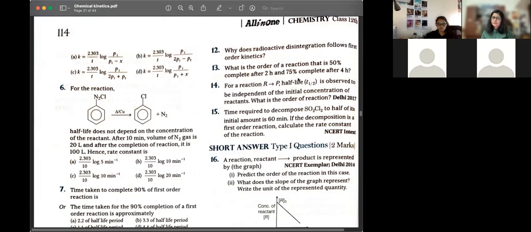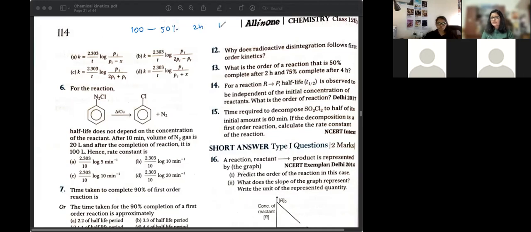What is the order of reaction? 50% is 2 hours. 75%. Ma'am, the percentage is referring to the amount of initial R naught, right? Initial concentration to 50, it's taking 2 hours.